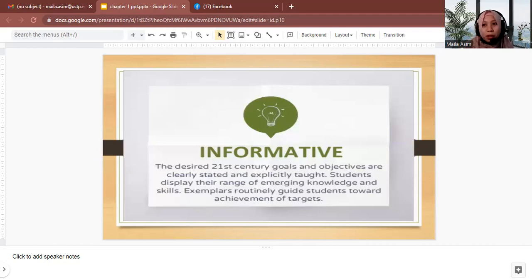See, informative, from the word inform, no? The assessments administered inside our discussion or inside our classroom, the desired 21st century goals and objectives are clearly stated. So of course, it is necessary that the goals and objectives will be stated before every discussion so that you will know unsa inyong kinahanglan i-achieve.